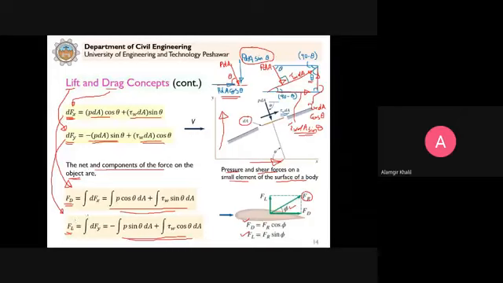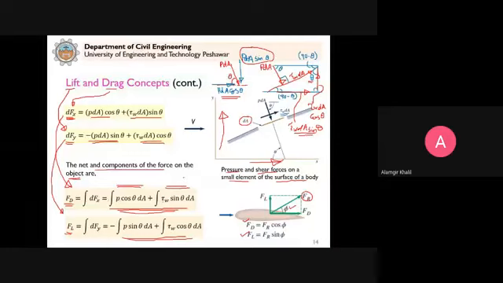body. Now in these forces, you can see that they have two components. The drag force and the lift force have two components. You can see the summation of the two components. So this component is due to the pressure force, and this component is due to the shear stress. Clear? This is due to the pressure force, this is due to the shear force.